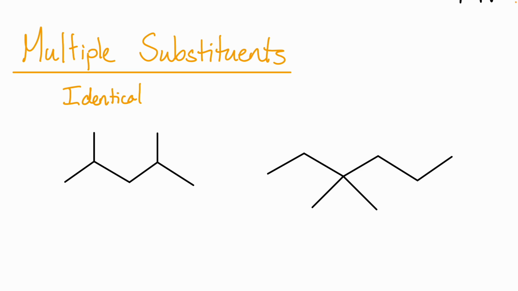And the first 3 steps are the exact same. Okay, so everybody take a second, find your parent chain, find and name all substituents, and then number your parent chain to give you the lowest possible number in the name.